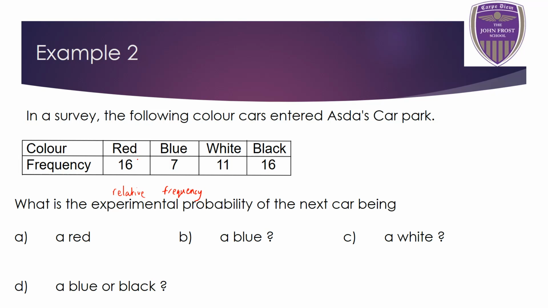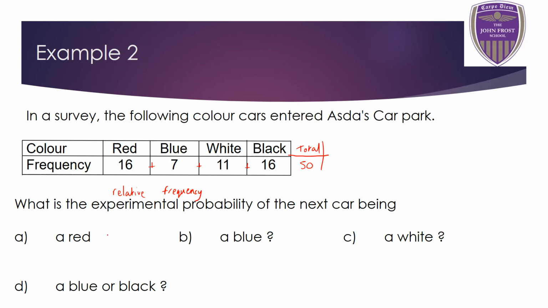So we know from here that there are 16 red cars. Altogether in this car park, we need to work out the total number of cars that entered, because we need to know what it's out of, how many trials, how many cars, colours were noted. So I would need to add together all of these frequencies in here. So altogether, I've got 50.